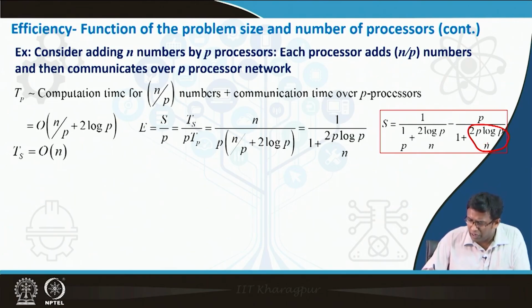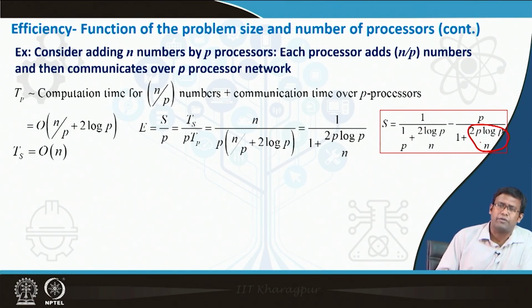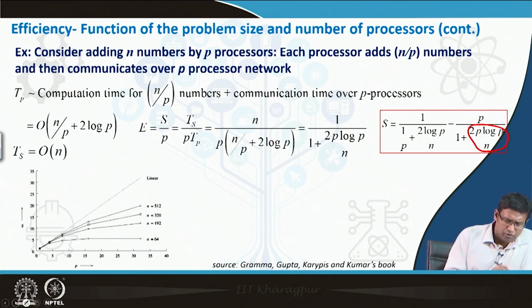If we are solving a large problem on a small number of processors, then the overhead will tend to 0, will be small. So we have taken here from Grama's book how overhead varies with the number of processors, and we can see that for one particular problem, as we increase P, P log P increases rapidly and overhead becomes large, therefore speedup becomes almost constant.